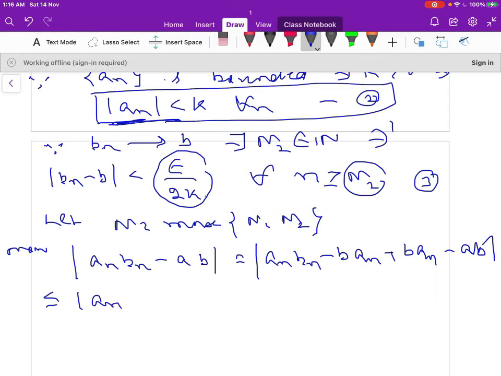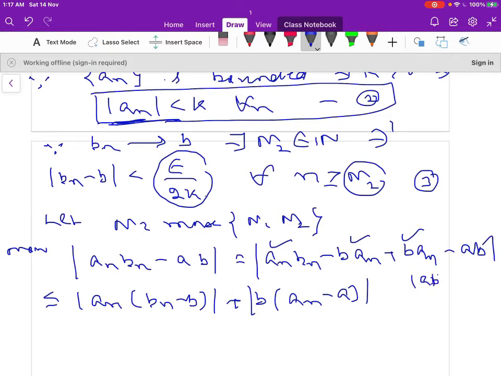By using the inequality, taking the common an and here also an, that is bn minus b, plus taking the common b into an minus a. Modulus of ab is equal to modulus of a into modulus of b.